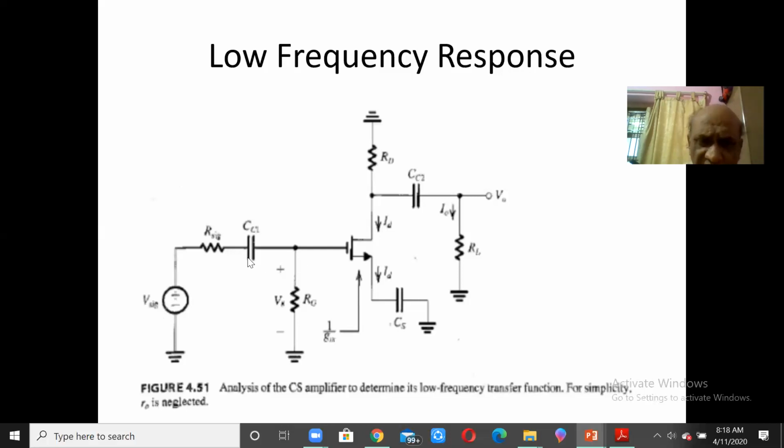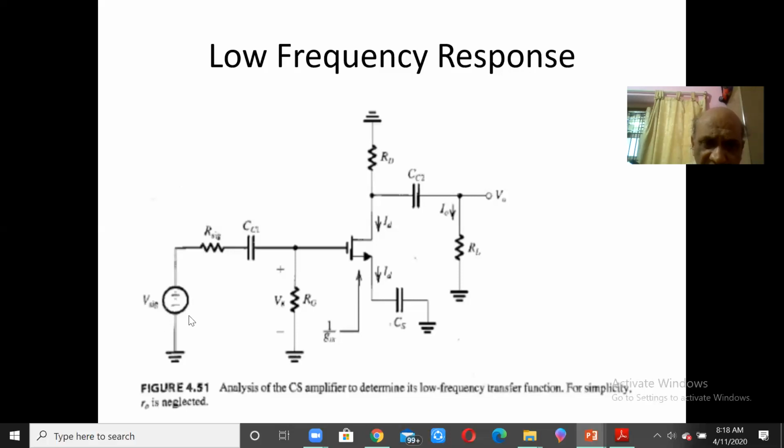So therefore, all the current which is flowing through this will flow through this, and hence Vsig divided by the total impedance, the impedance due to this and impedance due to this. Impedance due to this will be Rsig plus 1 by SCC1 plus the Rg in the denominator.